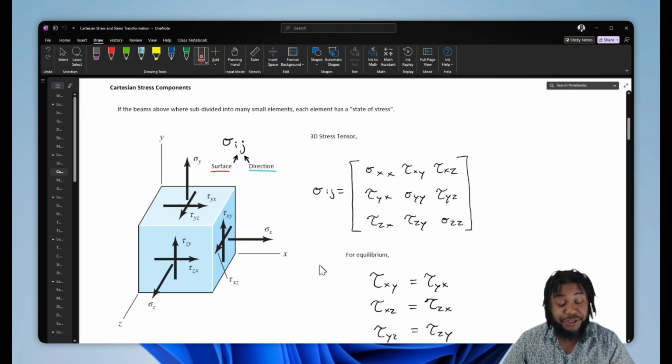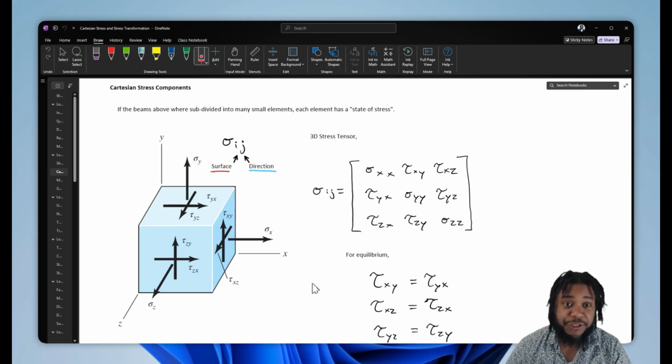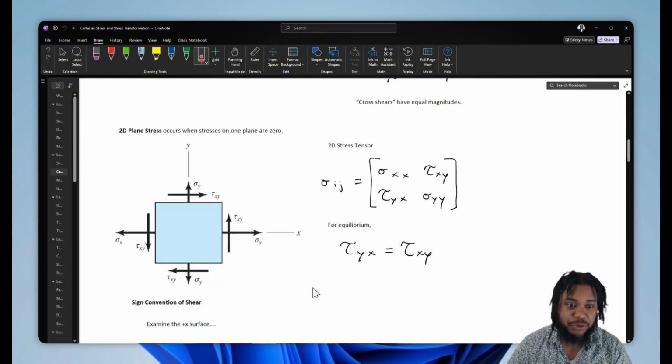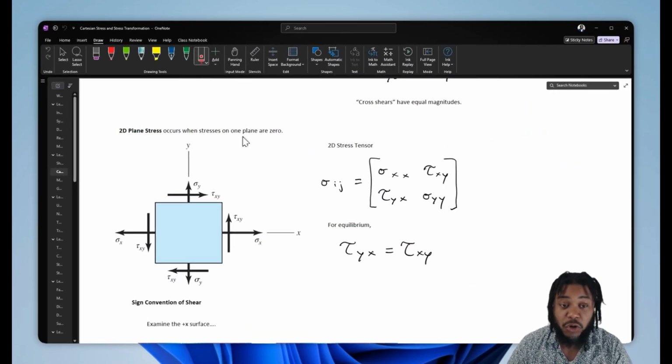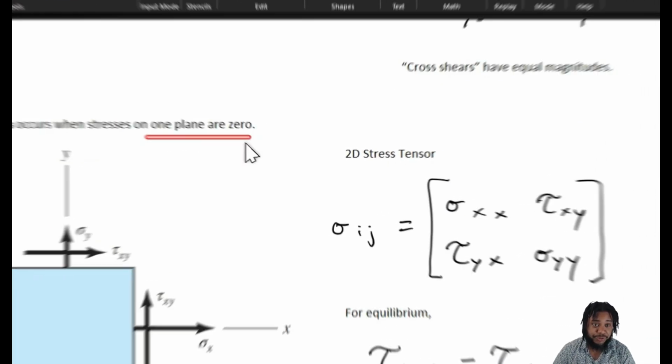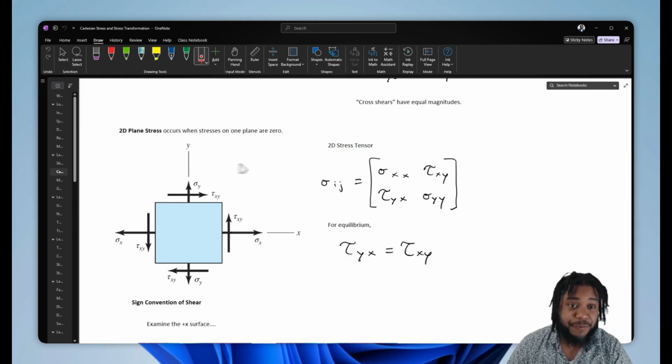Now, 3D stress is a lot to deal with. We're dealing with the stresses applied in all 3 dimensions. But often, we can simplify a problem from 3D to a simple 2D problem. That's the case of 2D plane stress, where stresses on one plane in the body go to 0. Say stresses in the Z direction, out of the page, are 0. In that case, our stress tensor simplifies to simply 3 terms.